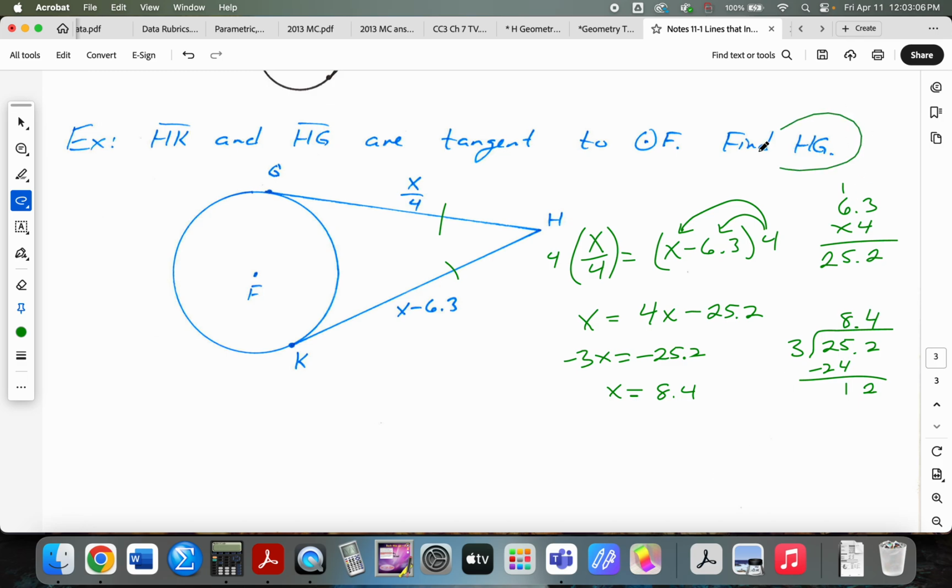And then be sure to answer the question. They ask for the length of HG. So HG is going to be 8.4 over 4, which is 2.1.